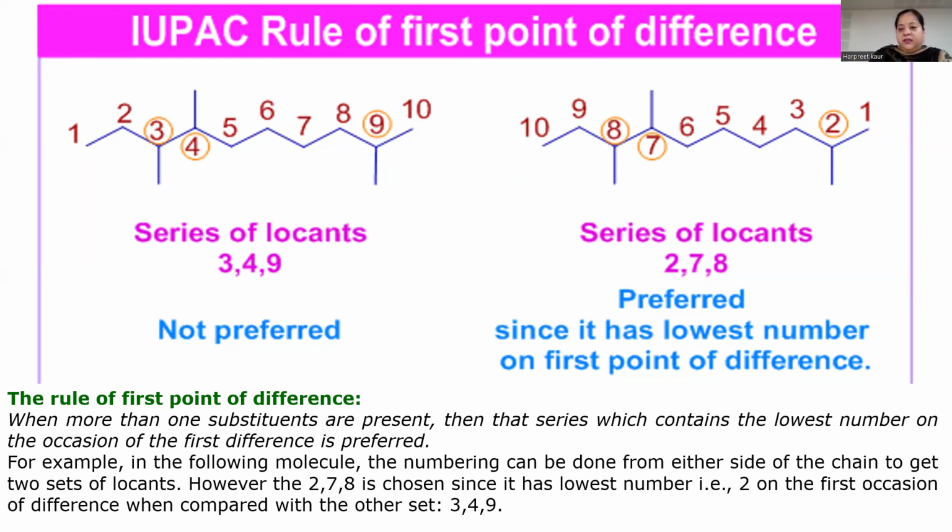In the second case, if we number this chain from right to left, then the three substituents get the position numbers 2, 7 and 8. One set is 3, 4 and 9 and the second set is 2, 7 and 8. So the 2, 7, 8 set is preferred over 3, 4, 9. That's the first point of difference.